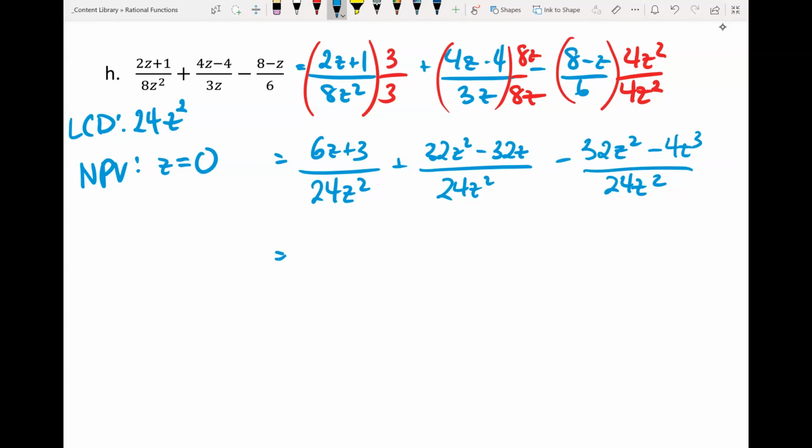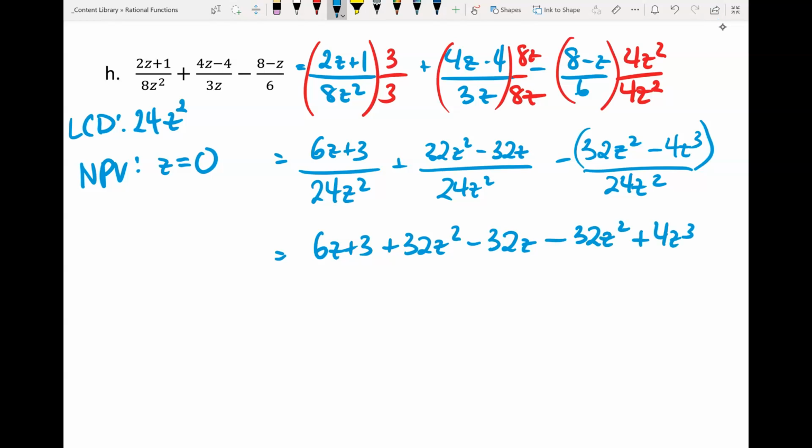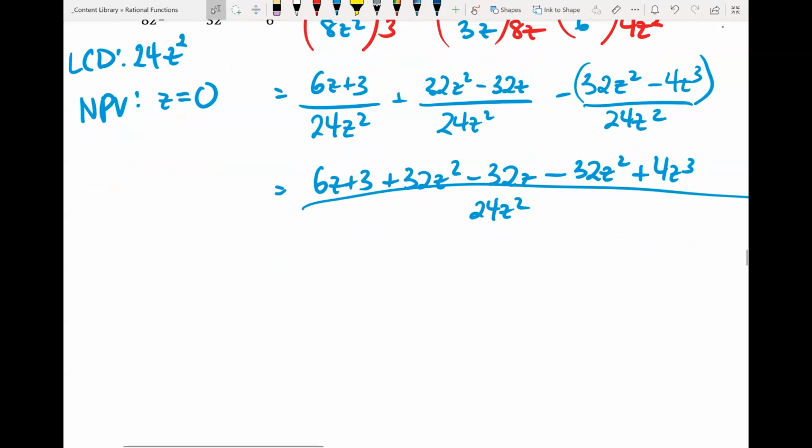Now I can put this all under one denominator, that's 6z plus 3 plus 32z squared minus 32z. The negative is for the entire numerator in our last rational, so it's going to be negative 32z squared plus 4z cubed. And we're going to now simplify our numerator to collect like terms. So we have 4z cubed.